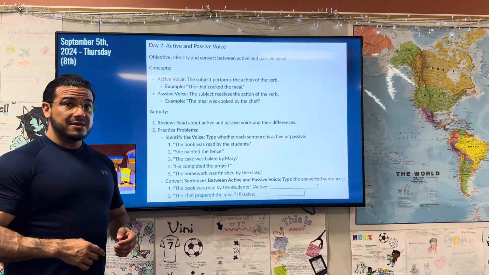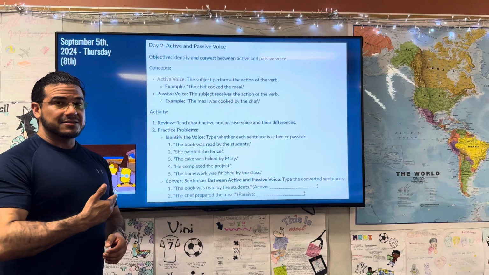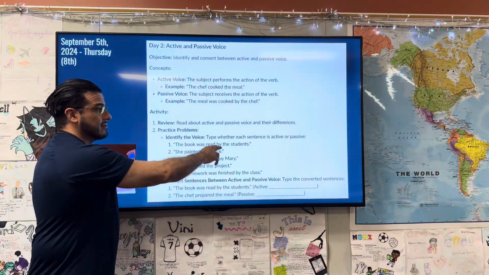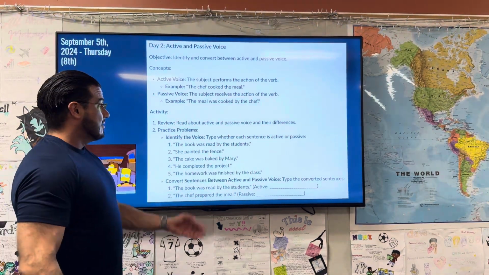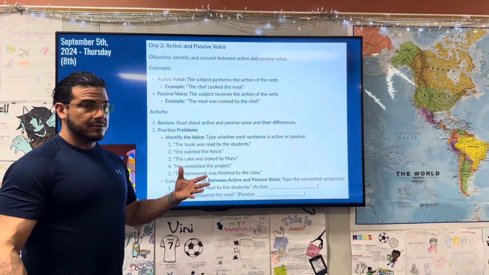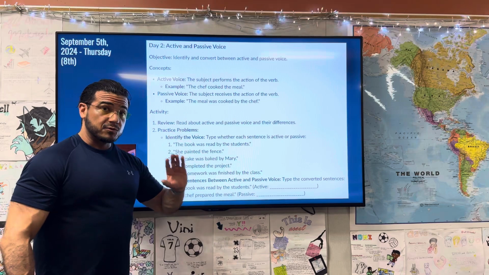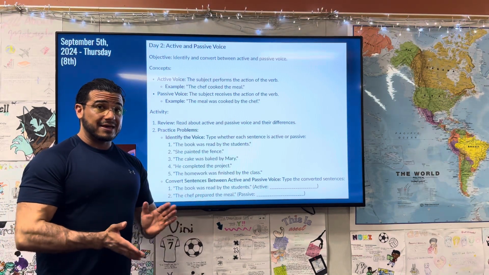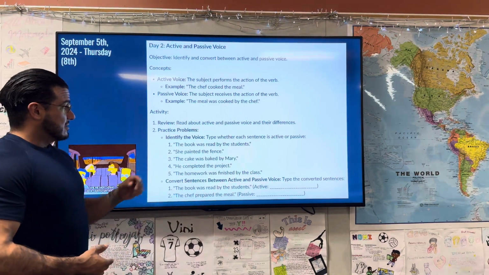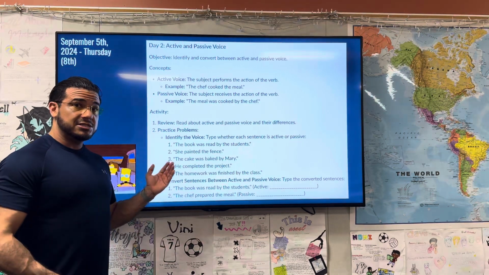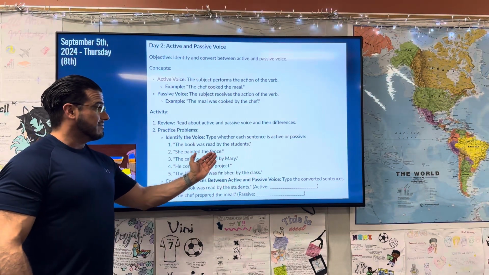If you were to rewrite it in its active form, you would say, the students, that's our new subject. What did they do? They read. What did they read? The book. Therefore, the students in that version are directly responsible for performing that action. Sentence number two, we have she painted the fence.